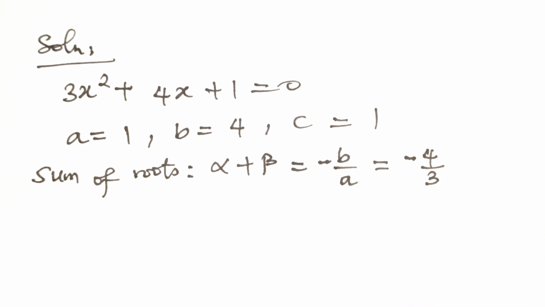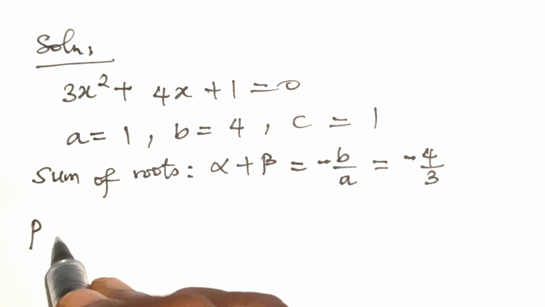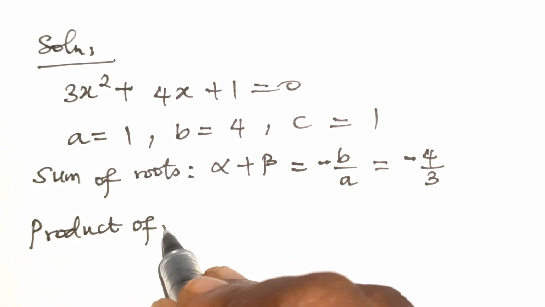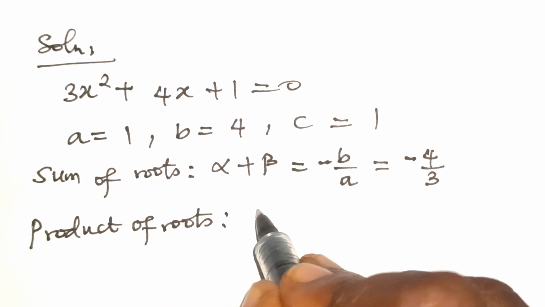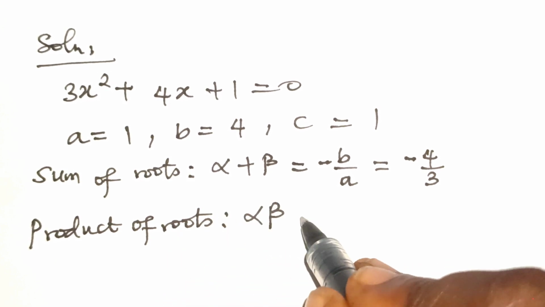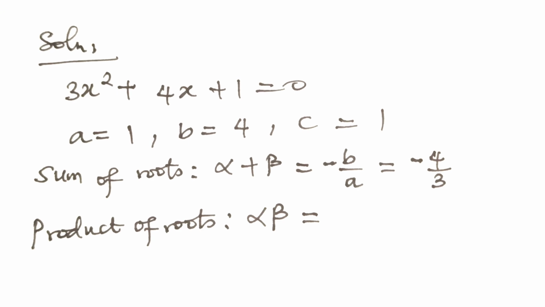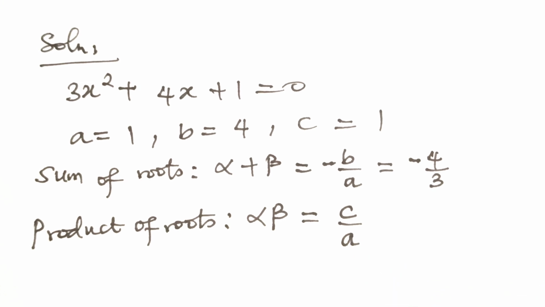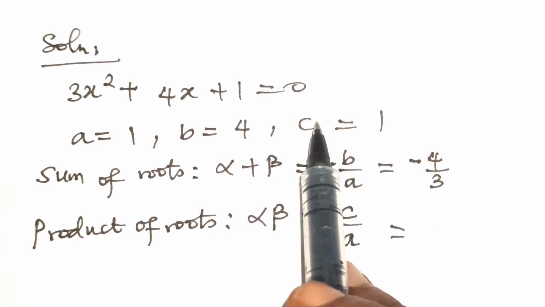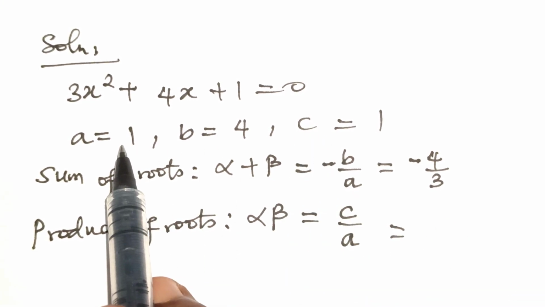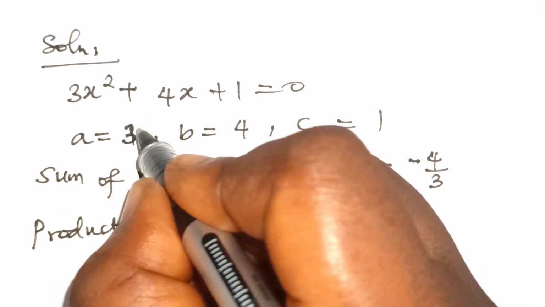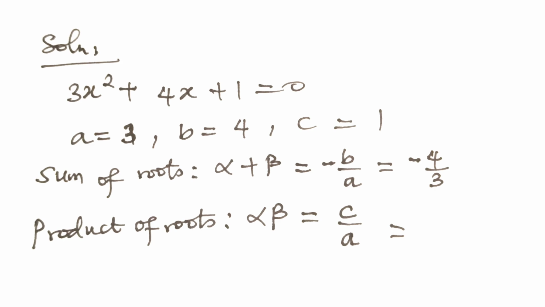Next is the product of roots. Product of roots, alpha times beta, is equal to c over a. From here we have c is 1, a is 3, not 1. That's a mistake. A is 3, not 1.